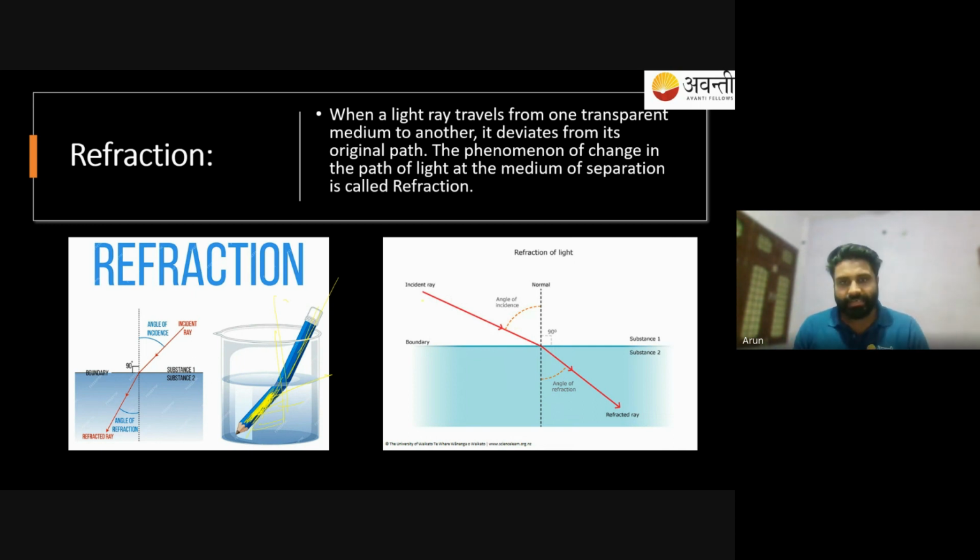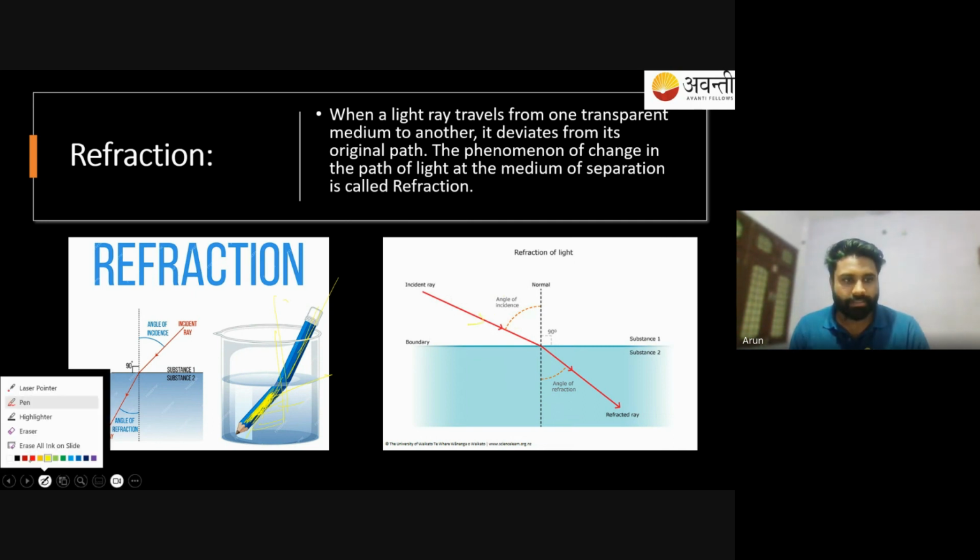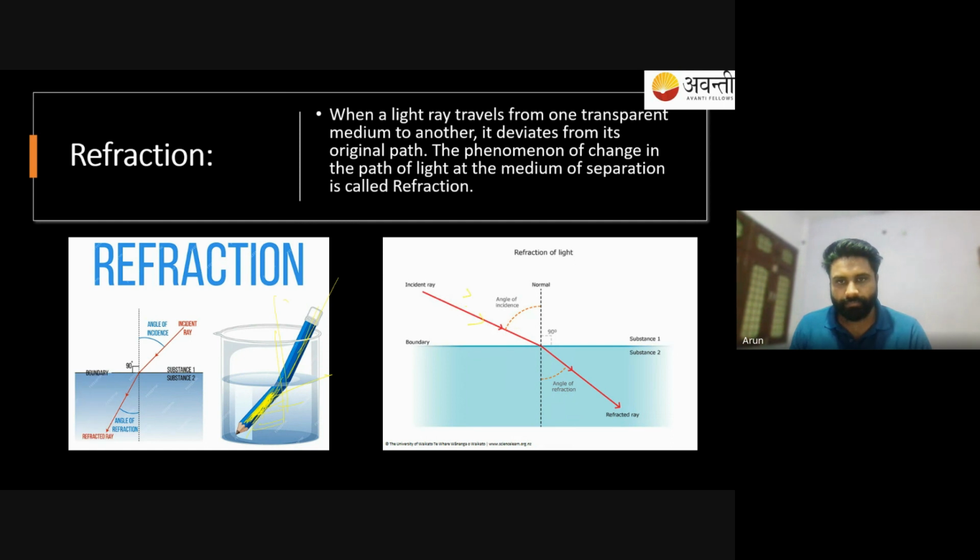This is the incident ray that we have in this figure. This strikes the boundary of a transparent medium, and it is coming directly from the air, I am considering the substance one here is air.